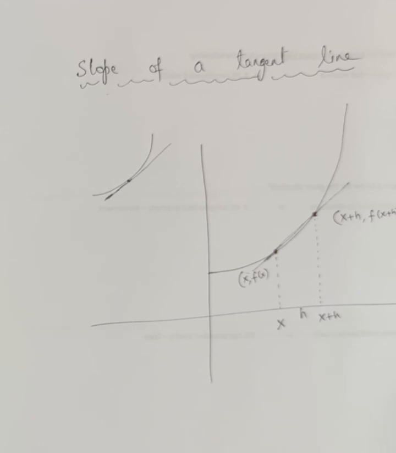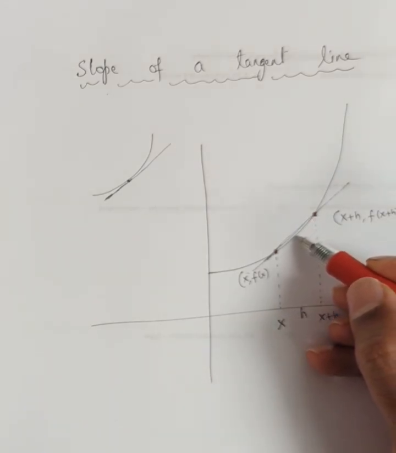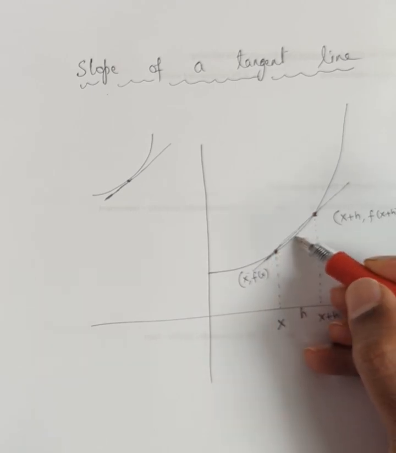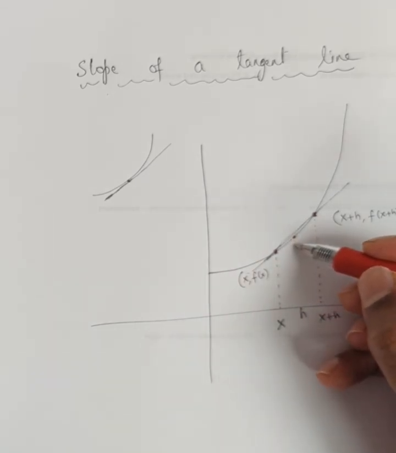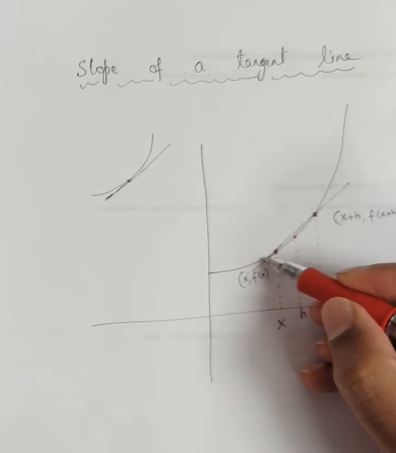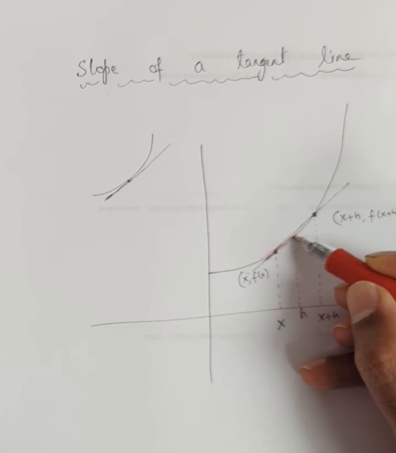Now, if I were to move this point closer to the old point, (x, f of x), which means I'm reducing that gap, the secant line actually gets closer to the tangent line.